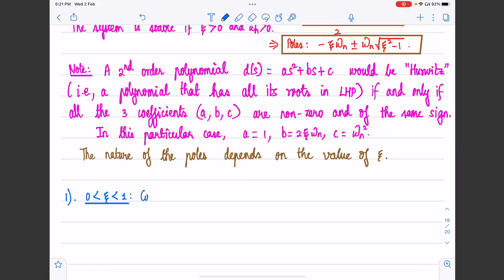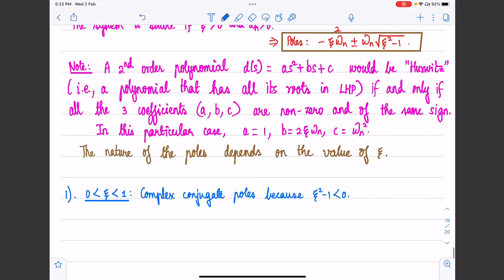When zeta is between 0 and 1, we get complex conjugate poles, because zeta squared minus 1 is now negative, and we are taking the square root of a negative number. So we get a complex pole, and it's going to be complex conjugate.